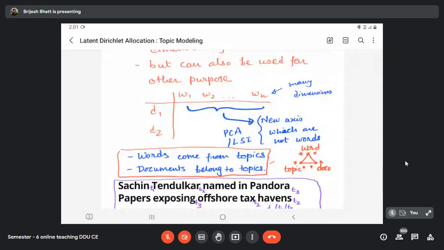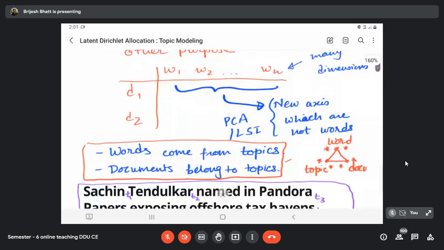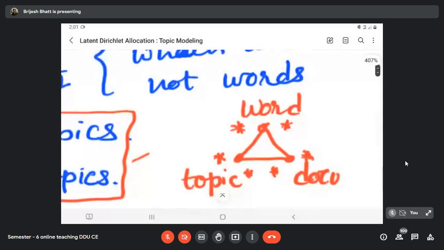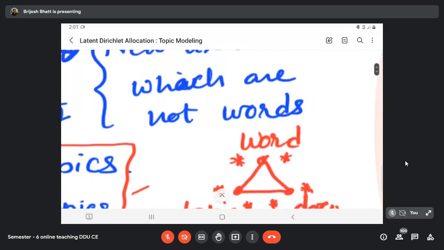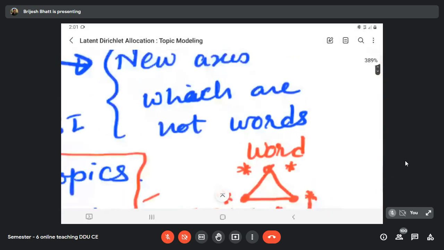Our idea is that words come from topics, documents belong to topics. So we have this delta or triangle of word, topic, and document. And this is a many to many relation. That's why I put a star over there.